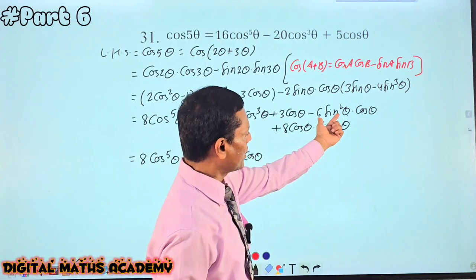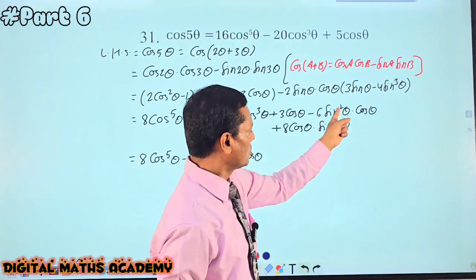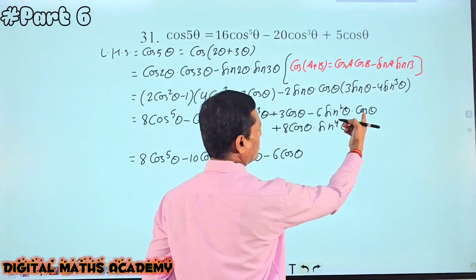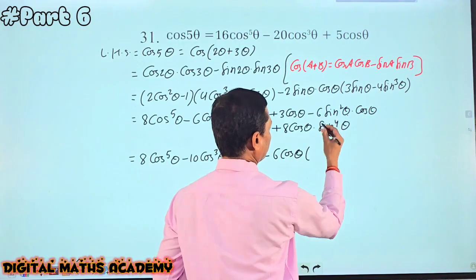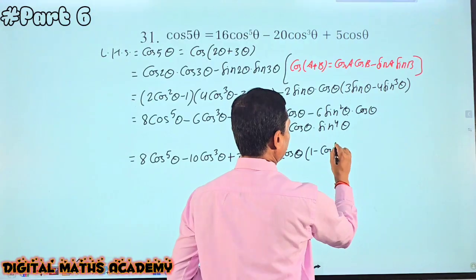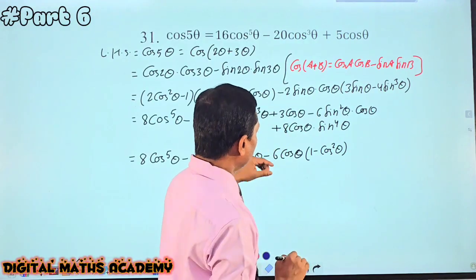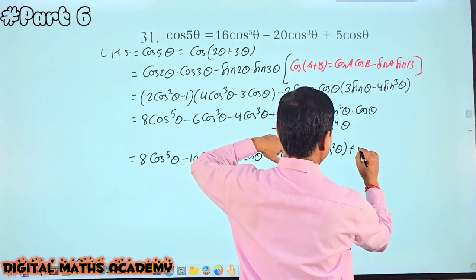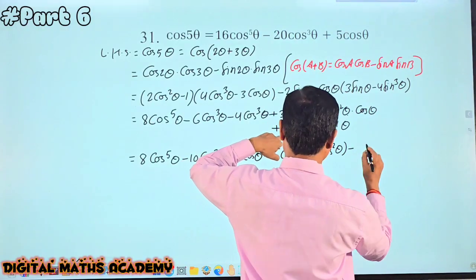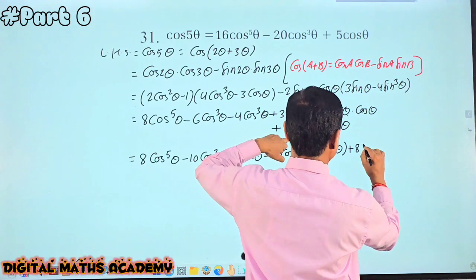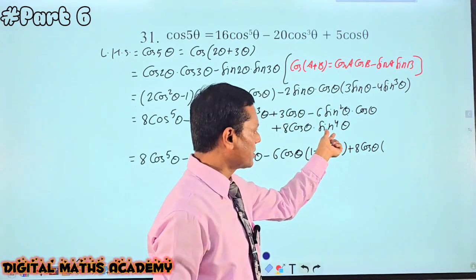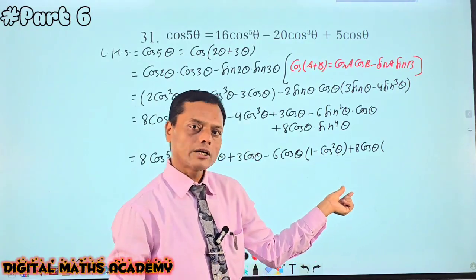Okay. Here sine square should be changed into cos square. So 6 cos theta, this cos theta, and sine square becomes 1 minus cos square theta. Clearly? And here we have 8 cos theta and sine to the power 4 theta, isn't it? So sine to the power 4 theta cannot be changed directly into cos.